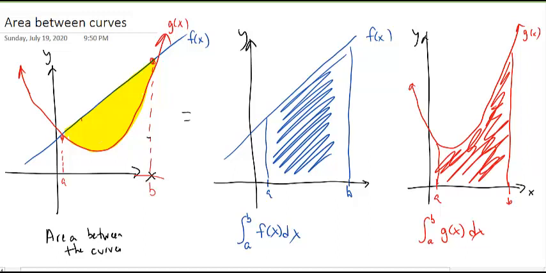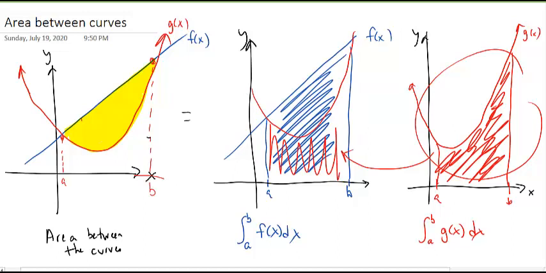Hopefully you can see that if I take this and superimpose it on this graph, notice if I put the two areas superimposed, what's left over is what I want, and left over usually means subtraction.